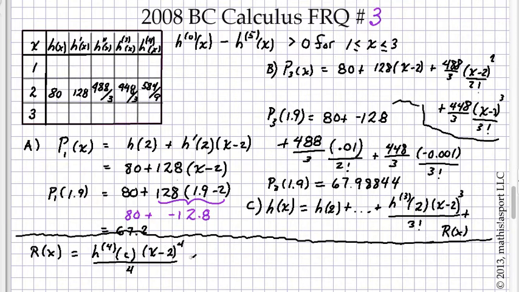Furthermore, we know that that value is less than or equal to the fourth derivative at some point, we'll call it C max, that gives us the highest value of the fourth derivative over that interval between 1.9 and 2, times x minus 2 to the 4th over 4 factorial.